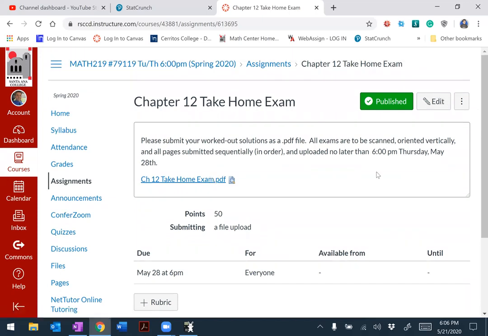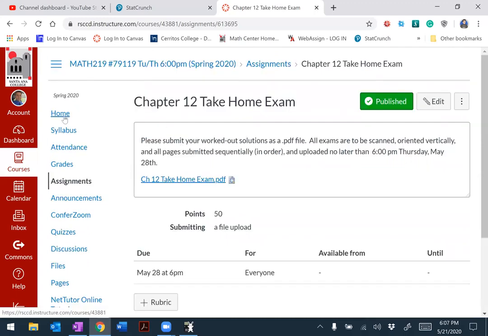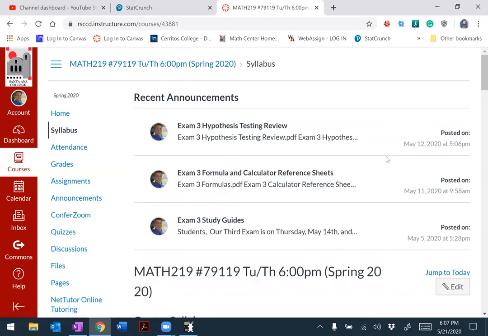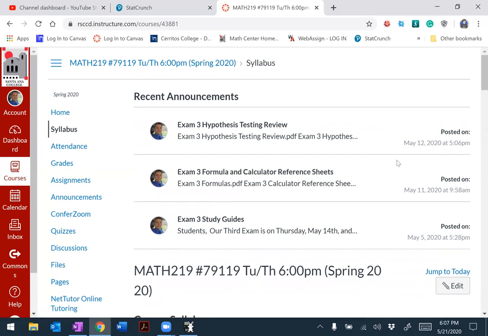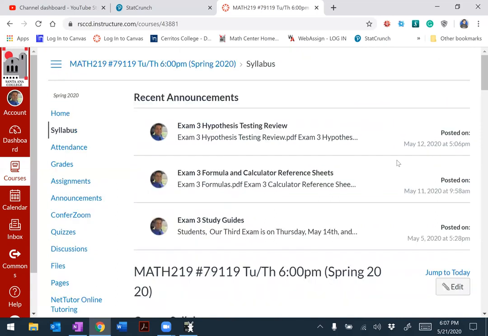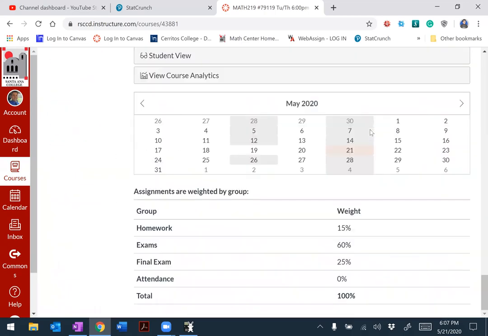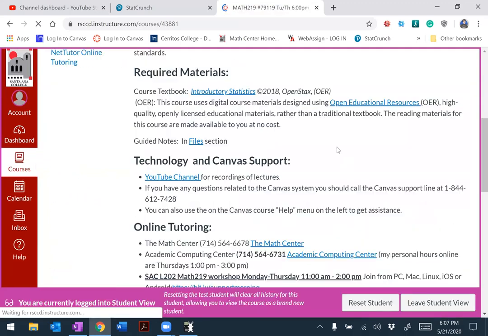Okay, and then again, that will be uploaded. So here, let me show you how you upload that. Go back home. Let me go to student view. Where's my student view? View as a student. Oh, here we go. Student view.